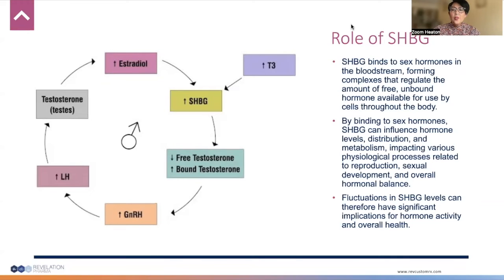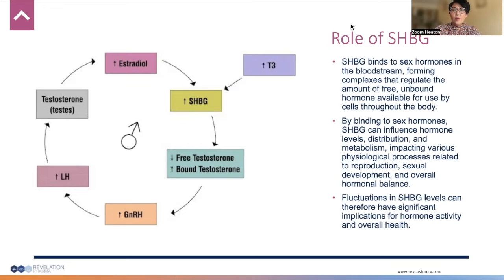So SHBG binds to sex hormones in the bloodstream, forming complexes that regulate the amount of free, unbound hormone available for use by cells throughout the body. And the binding of sex hormones to SHBG creates a reservoir of hormones in circulation.